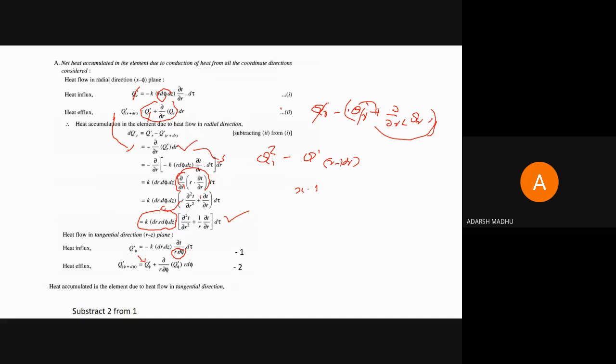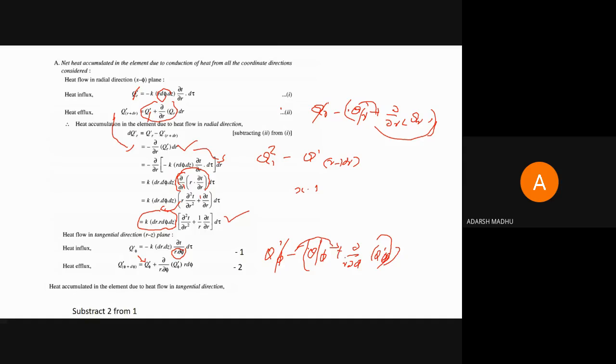What is the second term? Here it is q dash of x minus q dash of phi plus dou by r dou phi of q dash of phi, right? So it is in bracket. We are applying the negative inside the bracket, hence the q dash of phi and minus q dash of phi cancel.